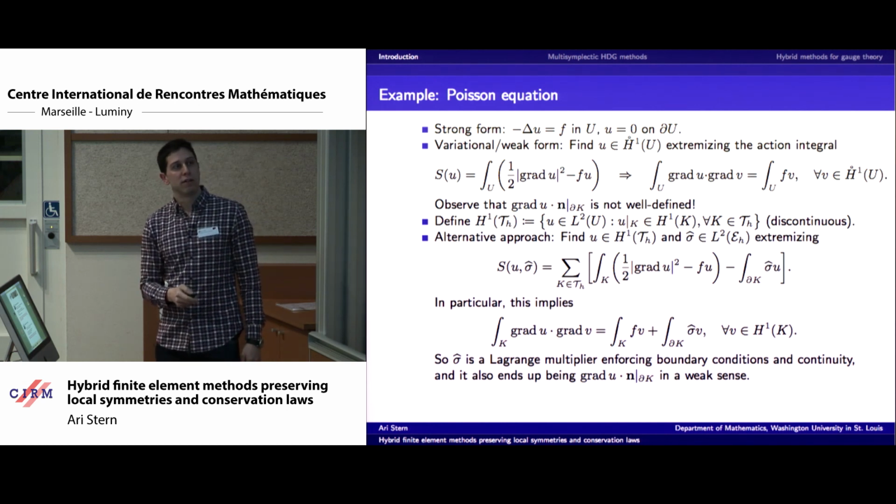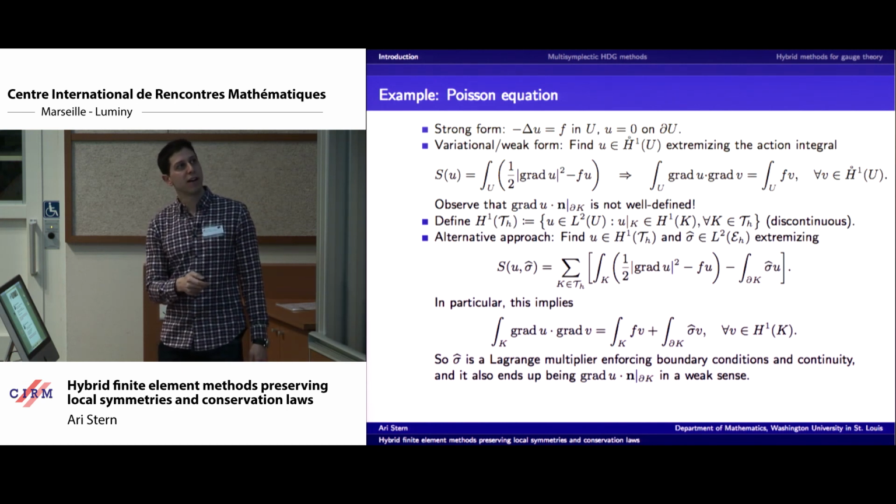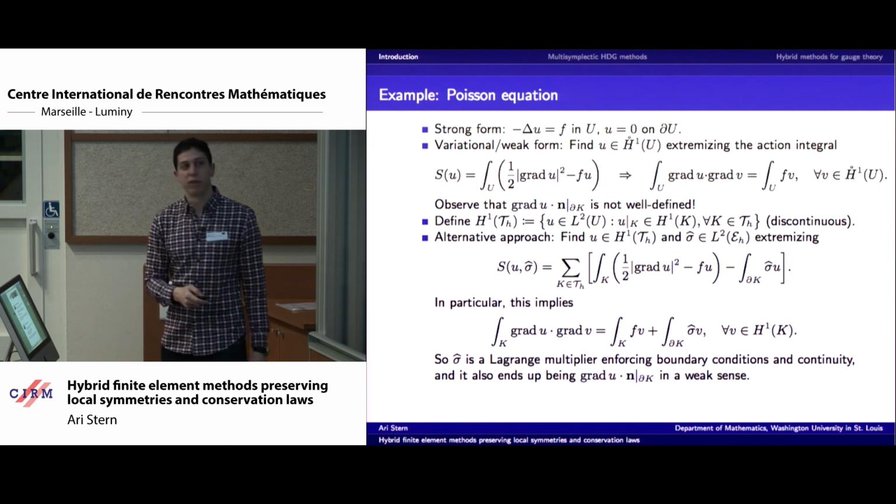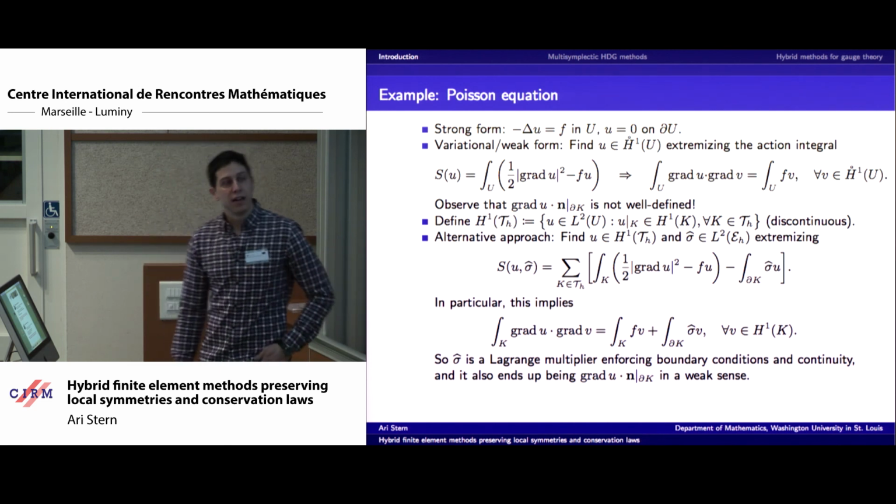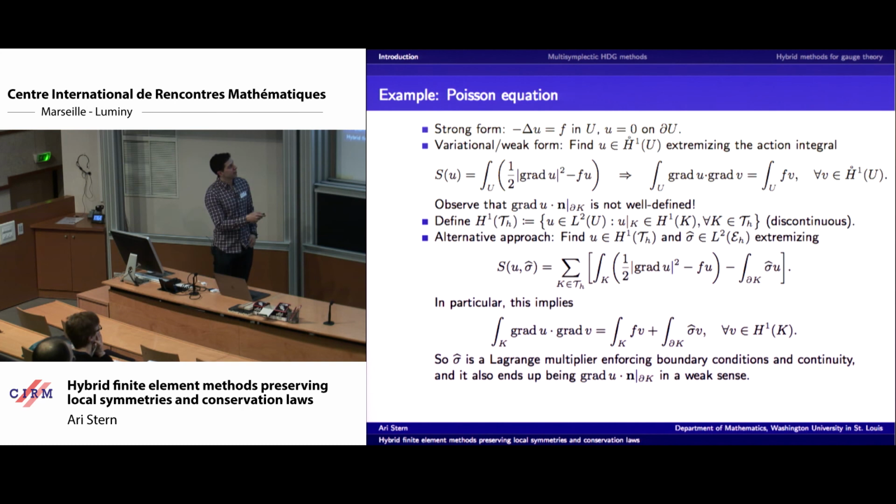When I take variations along v, I get this expression, so I get an additional integral over the boundary of sigma hat times v. And if I take variations of sigma hat itself, I also get another equation, varying the Lagrange multiplier, which tells me that in fact u does have to be continuous across the boundary.